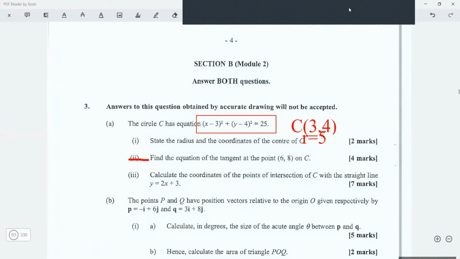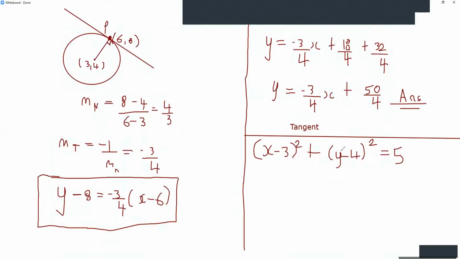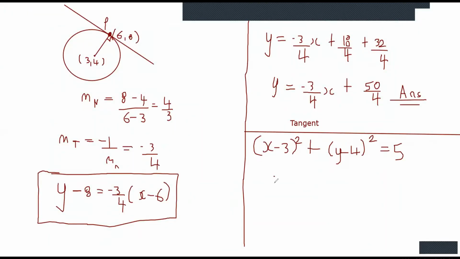So where y is, you can replace y with 2x plus 3. So you're going to get x minus 3 all squared plus 2x plus 3 minus 4 all squared equal 5 squared.